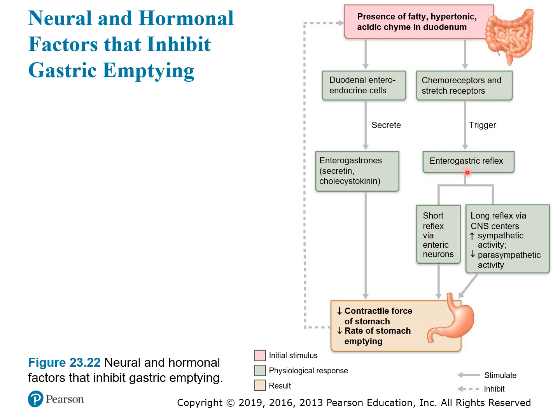They trigger the enterogastric reflex, using both short reflexes and long reflexes. Short reflexes act via the gut brain, which is the enteric neurons, and in the long reflexes in the CNS, there is increased sympathetic activity and decreased parasympathetic activity, which causes decreased contractile force.